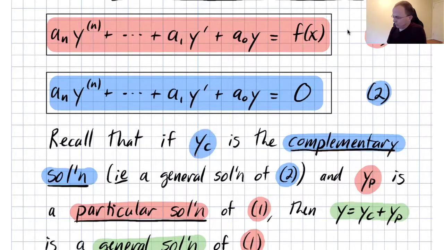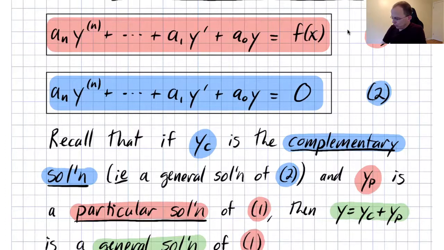So we completely solve this equation first, which involves getting n linearly independent functions that satisfy this equation. That means we'll have n unknown coefficients, c1 up to cn, and those are going to be determined by the initial conditions.